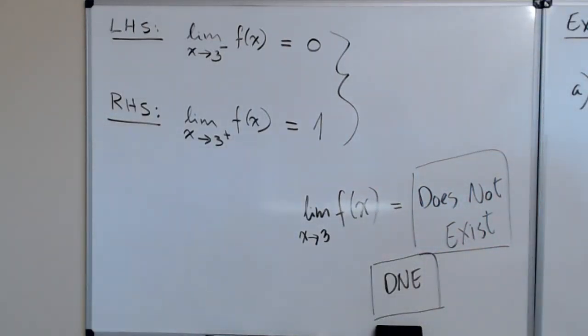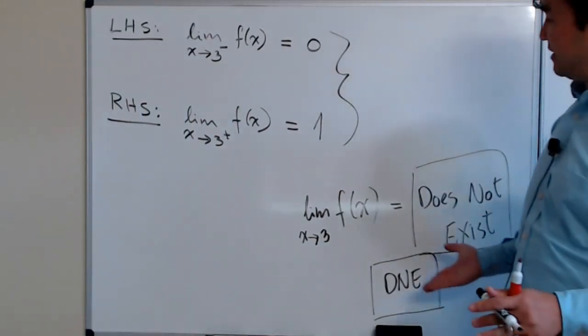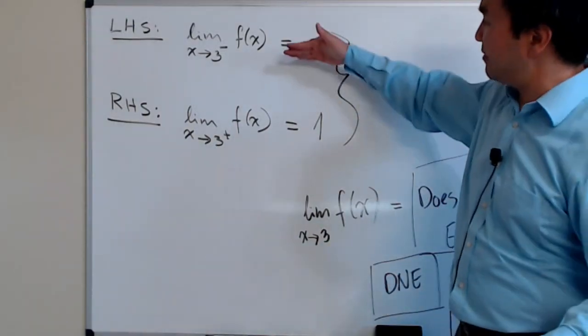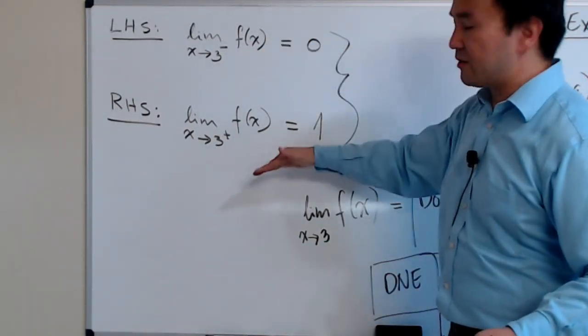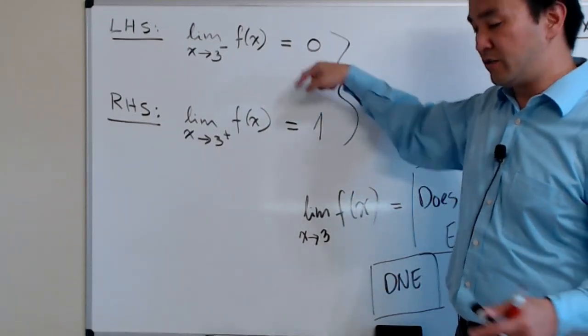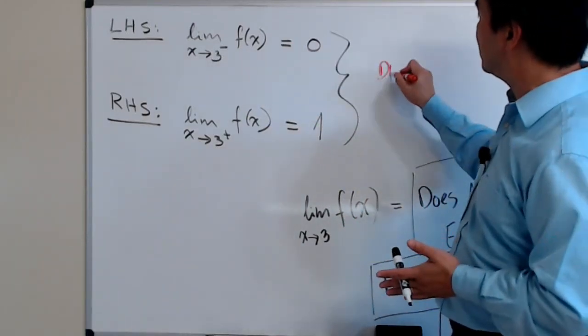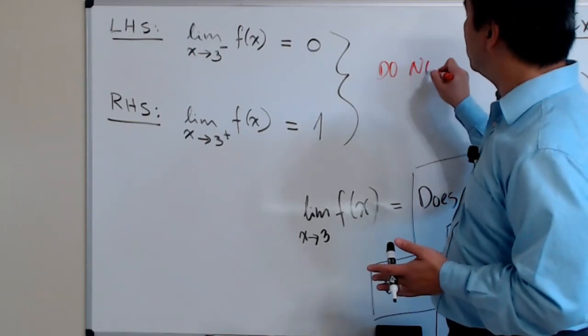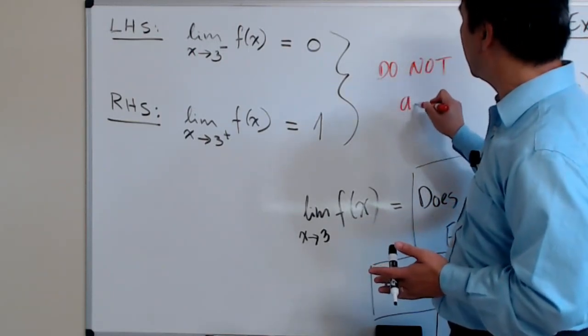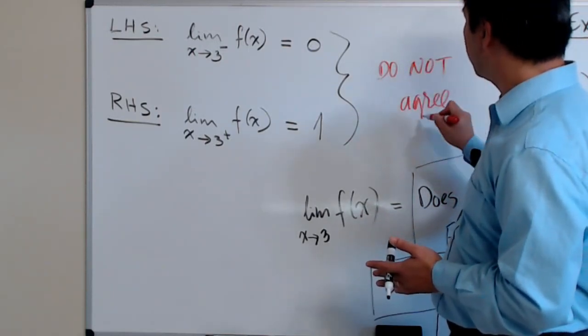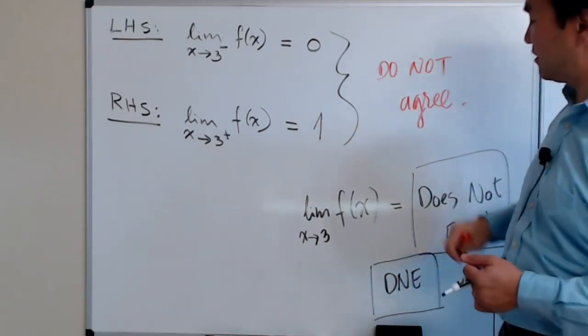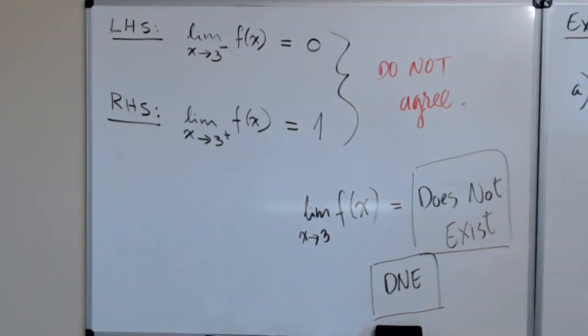This is how it has always been: anytime the left-sided limit and the right-sided limit do not agree, you can make a note here, the two-sided limits did not agree. That's how we came to our first non-existing limit.